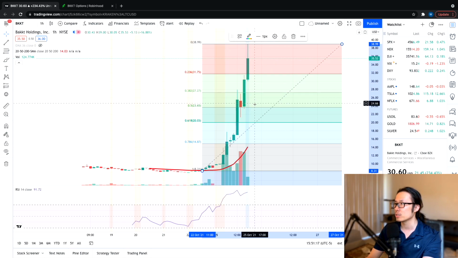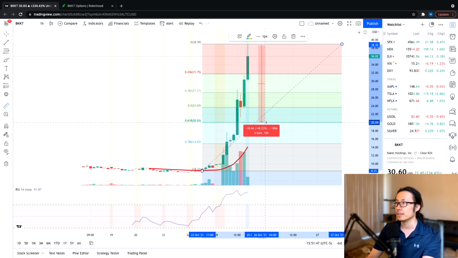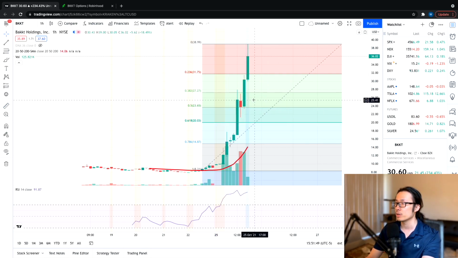Or if we can be a little more conservative, we can buy at the 50% retracement level around $23-ish, or even more conservative and buy around $20. To me, that seems a little bit too conservative, because we might really just miss the pullback here. I don't know if we're going to see a huge pullback to that level. This is looking at a 48% pullback, and who knows though, right? It's an initial trading day.